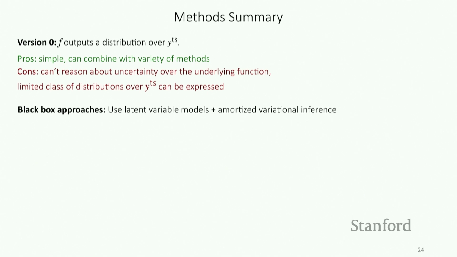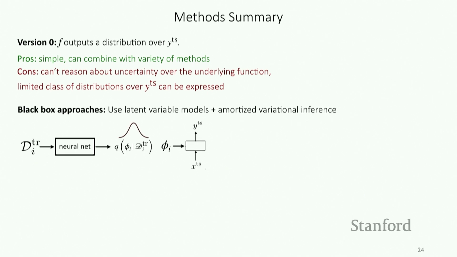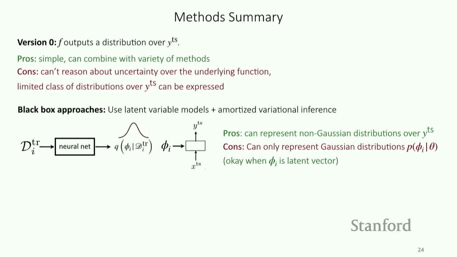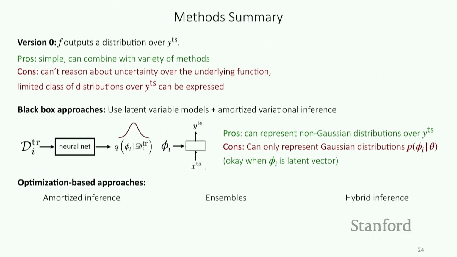We also talked about how we can use amortized variational inference with black box approaches, where we can represent non-Gaussian distributions over y, but only Gaussian distributions over phi, which is fine if phi is a latent vector. And lastly, we talked about optimization-based approaches, which looked at amortized variational inference, ensembles, and this sort of hybrid inference procedure.